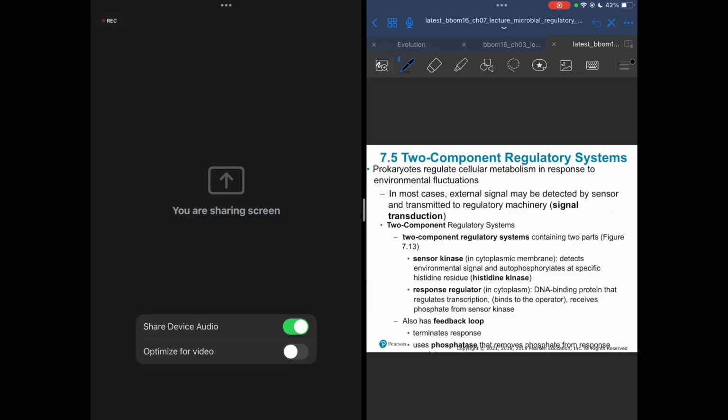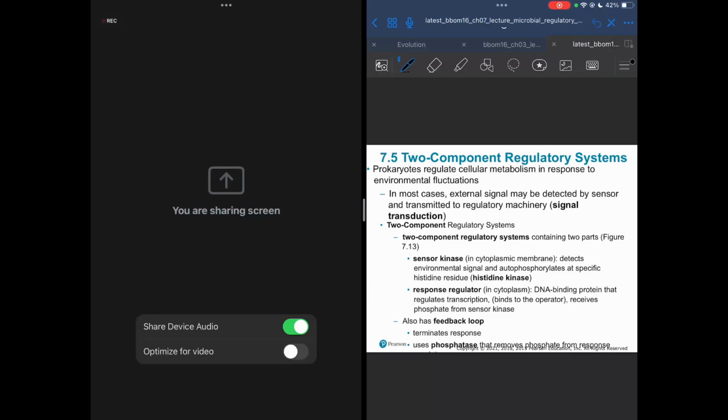contain two parts. Sensor kinase, which detects the environmental signal and autophosphorylates at a specific histidine residue.